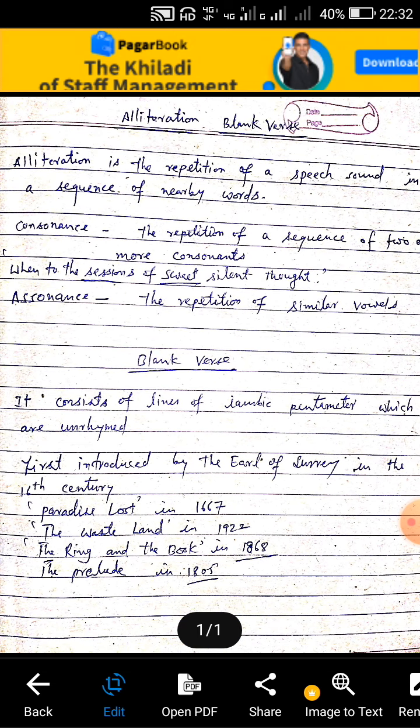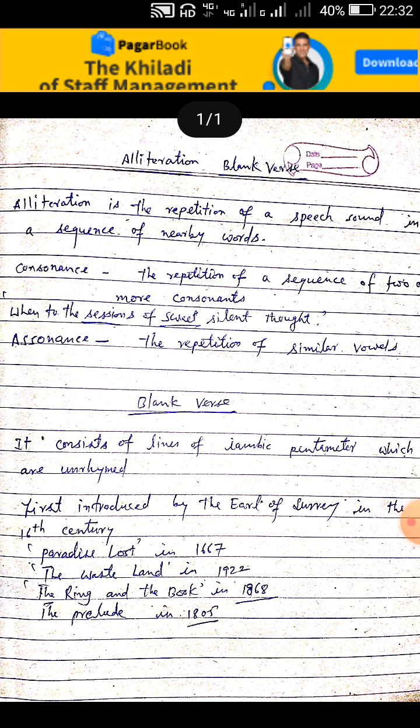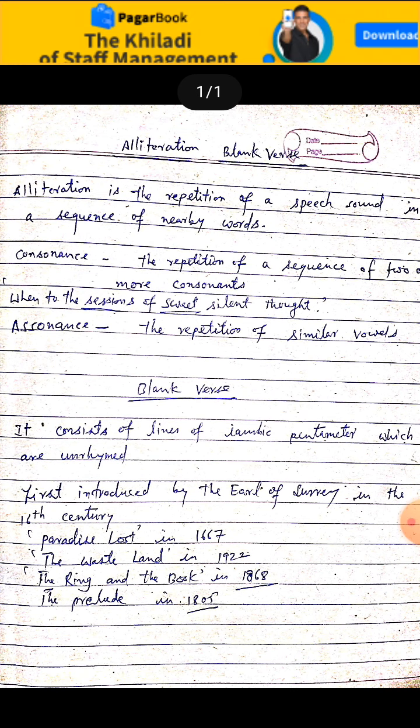It means the same sounds are repeated in the sequence of words in a line. It makes alliteration. It beautifies the language of poetry.